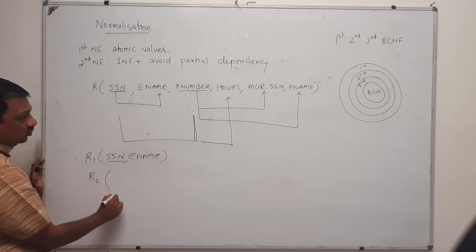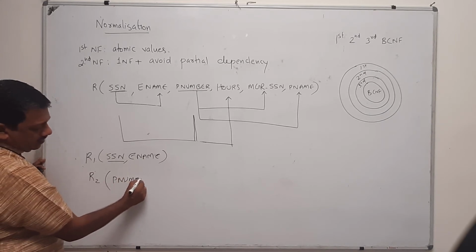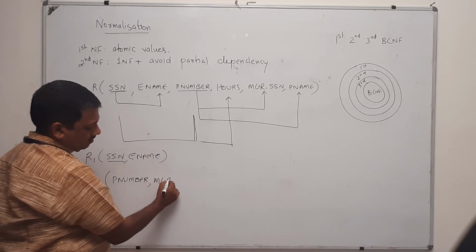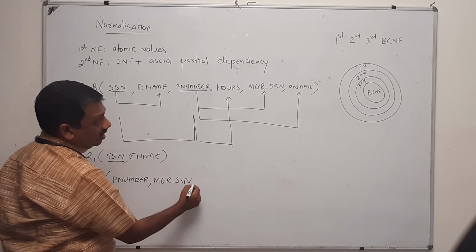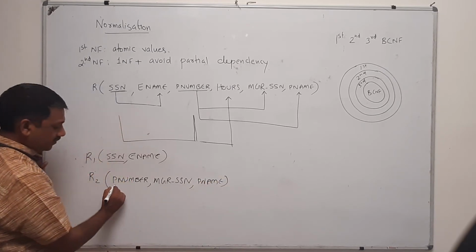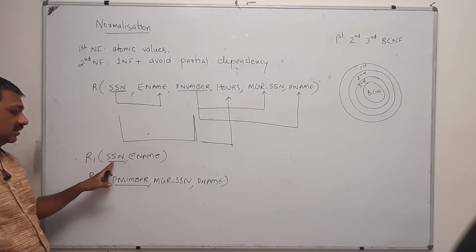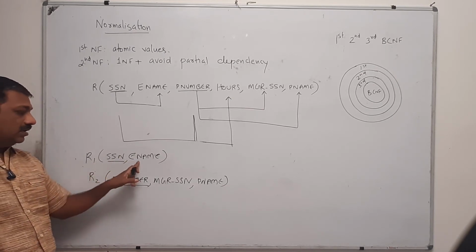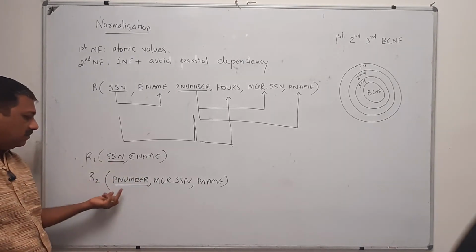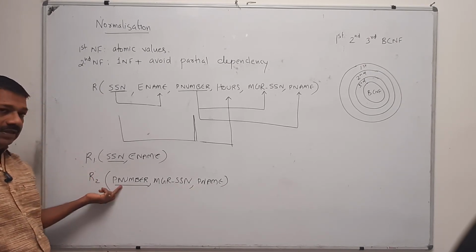And relation 2 is P number, MGR SSN and P name. Here P number is the primary key. So relation 1 has SSN as the primary key, and E name fully depends on SSN. Here P number is the primary key, MGR SSN and P name fully depend on P number.